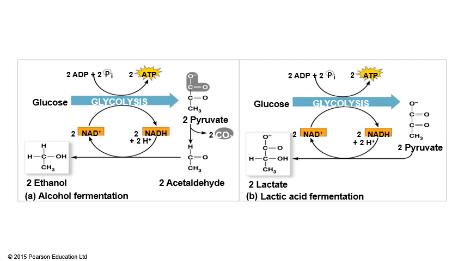So in alcohol fermentation, this NADH gives the electron to acetaldehyde and goes back into NAD+. In lactic acid fermentation, that reduced form NADH gives the electron to pyruvate, producing lactic acid, lactate.